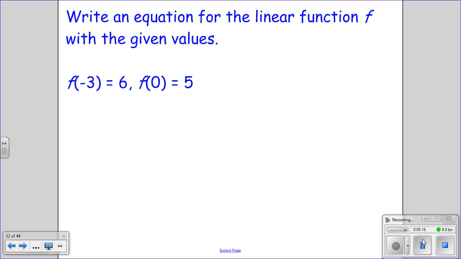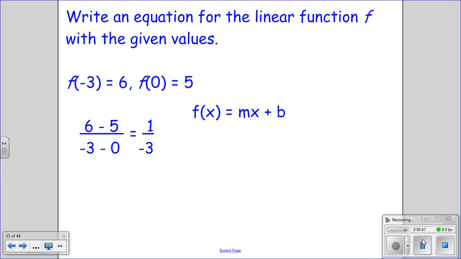Let's do another one where we're going to write a linear function, and we're going to write this in slope-intercept form. Again, the -3 and the 0 are our x's, the 6 and the 5 are the y's. So we have change in y, 6 minus 5, over the change in x, -3 minus 0, and that gives us 1 over -3. So our slope is -1/3.